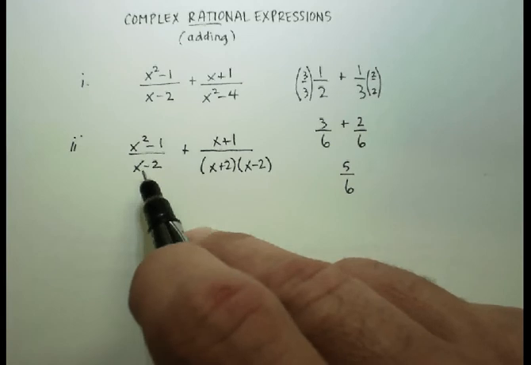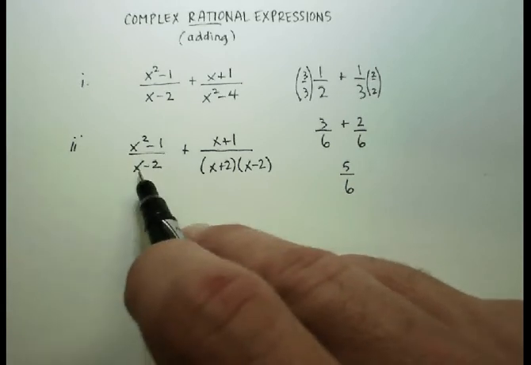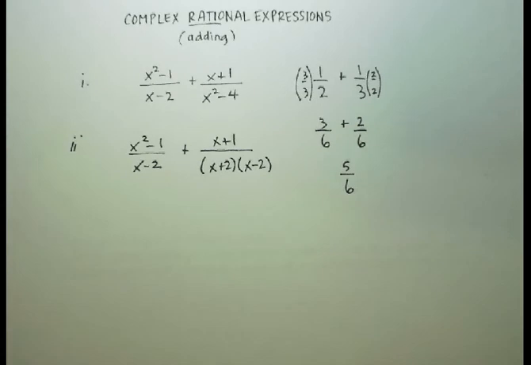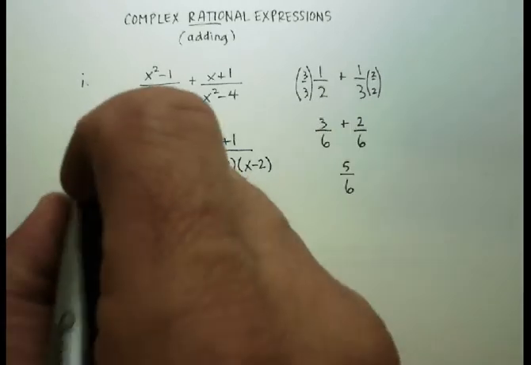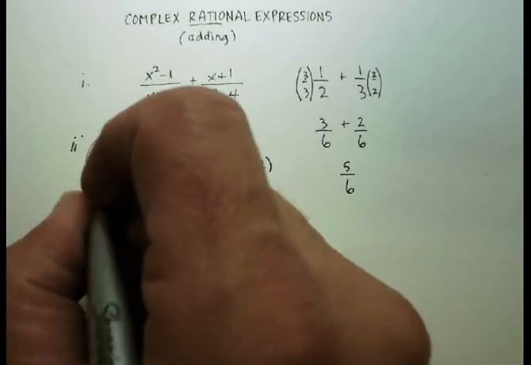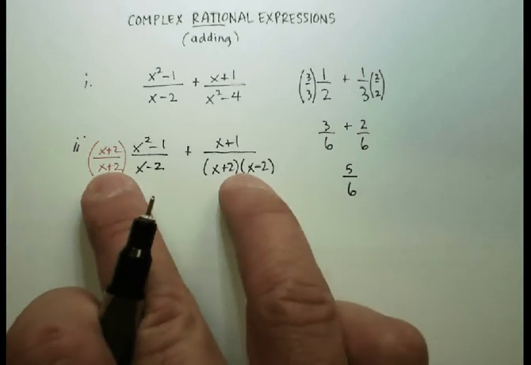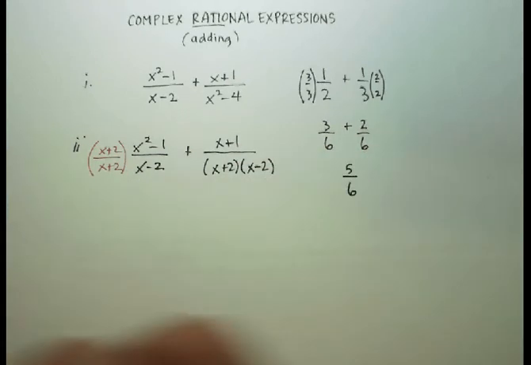So how am I going to give this side an x plus 2 in the denominator? Well, just like I did with my fractions, I'm going to multiply by 1, except my 1 is going to be x plus 2 over x plus 2. Now my two denominators are exactly the same, just like these two numbers are exactly the same.